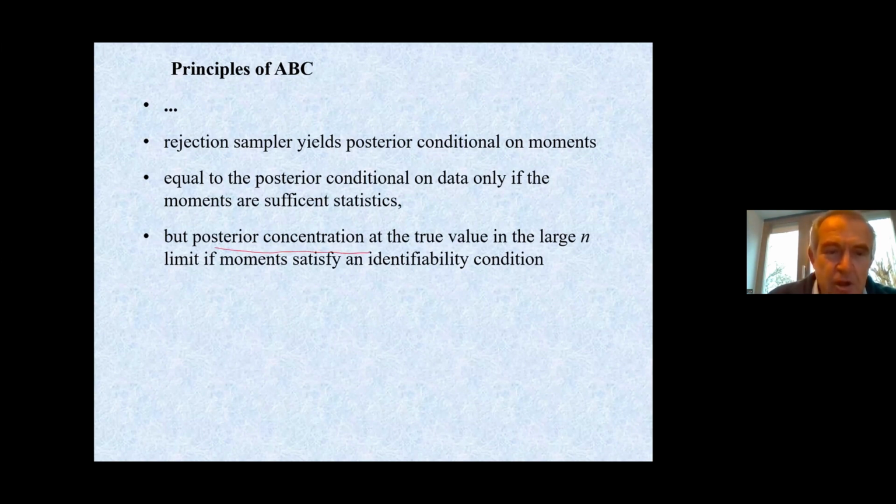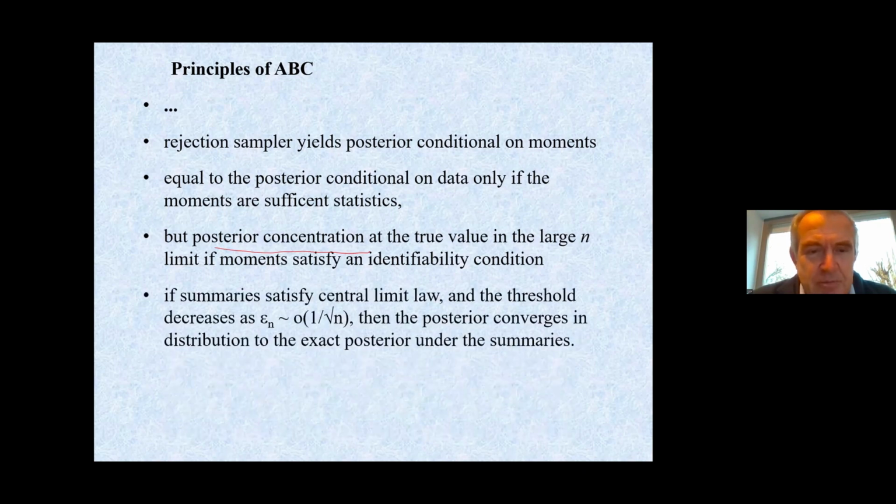That means if you have a large number of data, if the moments satisfy at least an identifiability condition. And this is typically tacitly assumed, although it is not guaranteed sometimes in agent-based models. And if the summary satisfies such a central limit law and the threshold decreases appropriately with the data, then in fact the posterior can be shown to converge in distribution to the exact posterior under the moments.